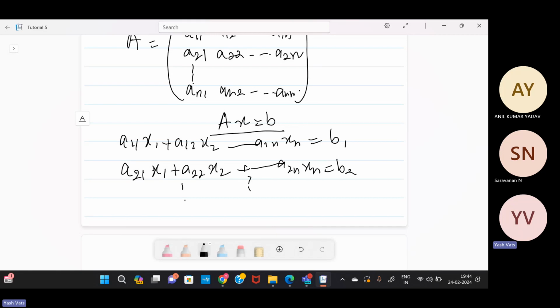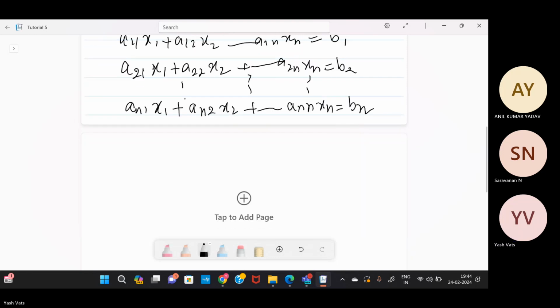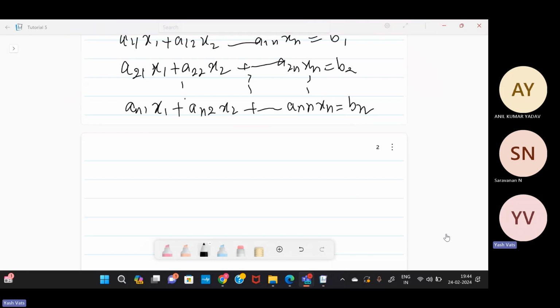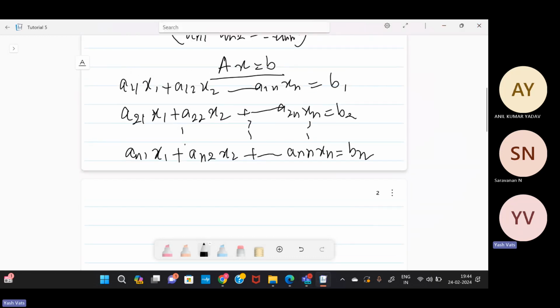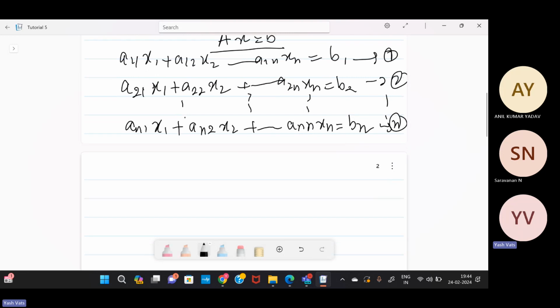And similarly, An1 x1 plus An2 x2 and so on. How many equations are there? There are a total of n equations, and n unknowns.